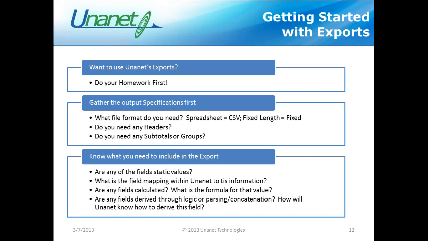And are there any fields that you would have to derive or logically produce? And if so, how would Unanet know how to derive that information? So thinking about building your own export does require that you're doing your homework and thinking through what you specifically need to have in order to get started.